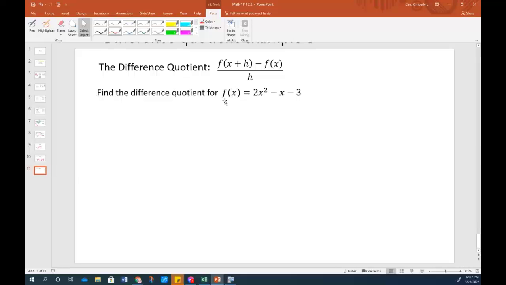Okay. So we have one last one to practice, just so you can see this. It's not a new concept, but again, very first thing I'm going to do, and this will be our last example just to help you get this idea, is I need to get f of x plus h. This part starts off easy enough. I'm just replacing the x with x plus h.